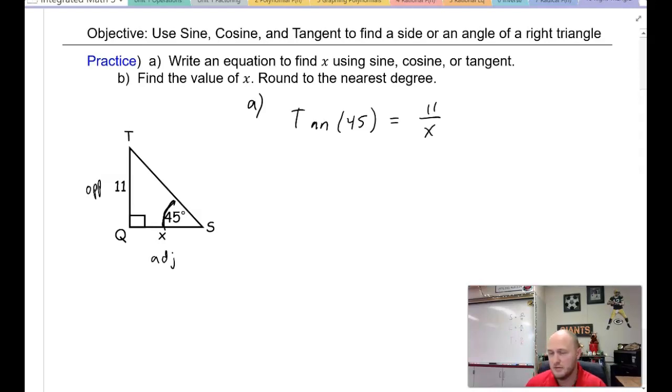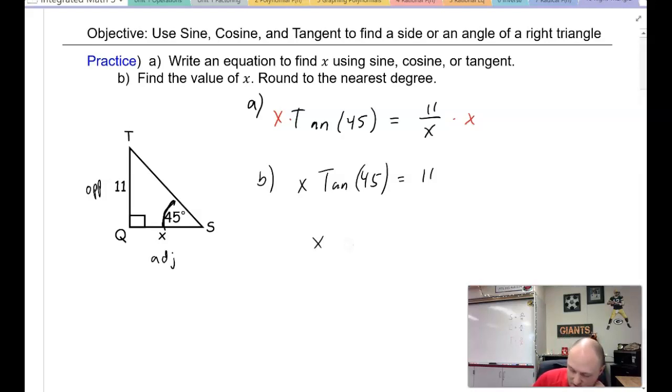And then go ahead, pause the video if you haven't solved that yet. Okay, here's the solution. I need to multiply both sides by x first. So I get x times tan of 45 is equal to 11, right? I'm undoing division, so I multiply both sides by x. All right, and now to isolate x, again, I need to undo multiplication with division.